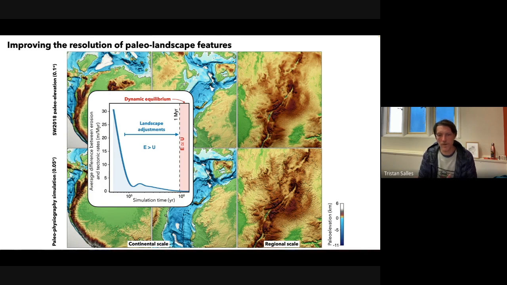Usually, we run it until we reach this dynamic equilibrium. Usually, it will happen in less than 1 million years. And so from that, what we say is basically the landforms that are created here are a representation of the time interval that we are looking at.